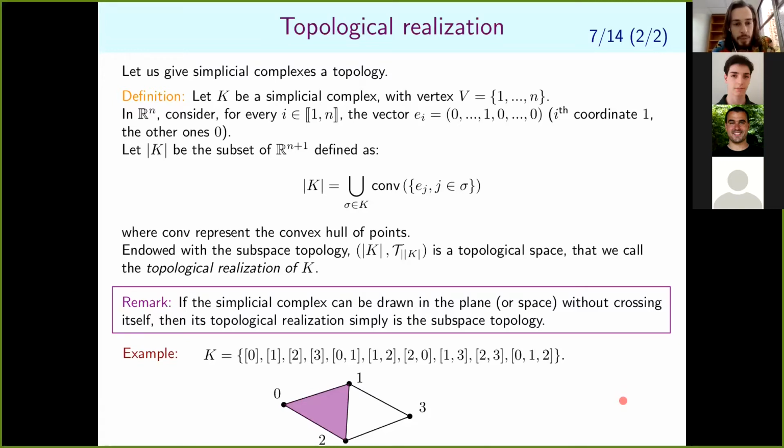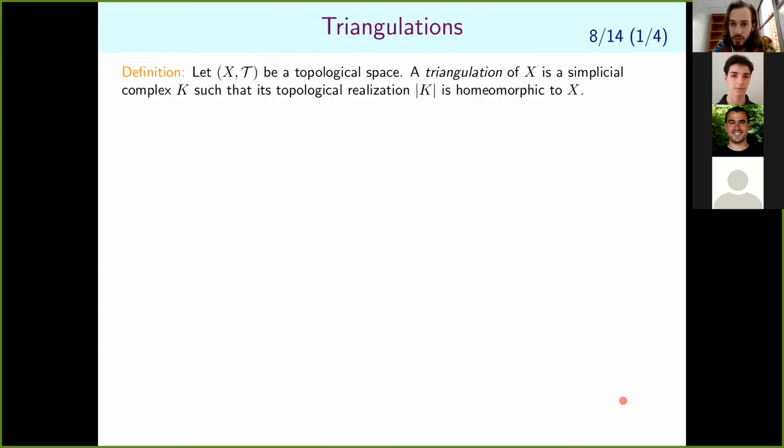And now we can talk about triangulations. So the aim of simplicial complexes is to represent topological spaces that we are studying. And this representation is called a triangulation. So the definition is as follows.